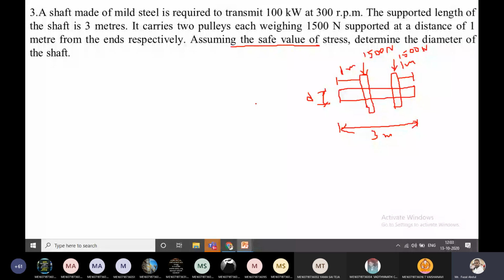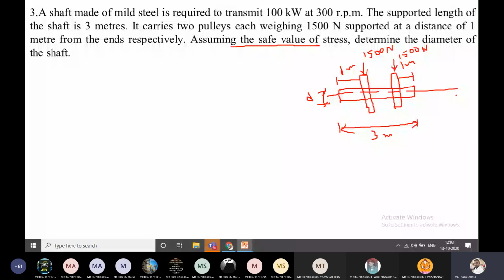Observe the diagram: two pulleys are mounted on this shaft, so the shaft is subjected to bending. The shaft is also transmitting 100 kilowatts of power, so it is subjected to torque. Torque as well as bending means this problem belongs to the combination of torque and bending.